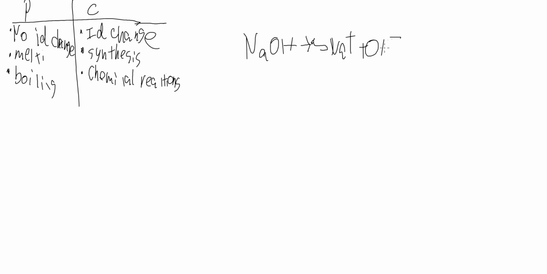Has a chemical change occurred? And again we can ask the same question. Has an identity change occurred? The answer would be yes, right? Because sodium hydroxide turns into sodium ions and hydroxide ions.